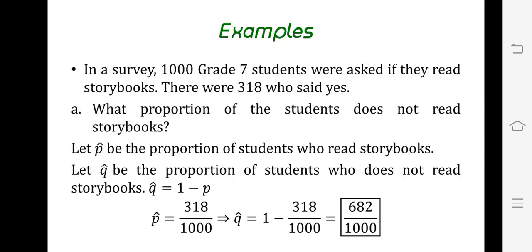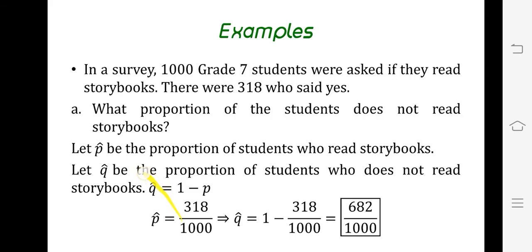So for the first one, I let p hat be the proportion of students who read storybooks, and let q hat be the proportion of students who do not read storybooks. So q hat, as I said earlier, is 1 minus p hat. So p hat is 318 over 1,000, because 318 students said they read storybooks out of 1,000.